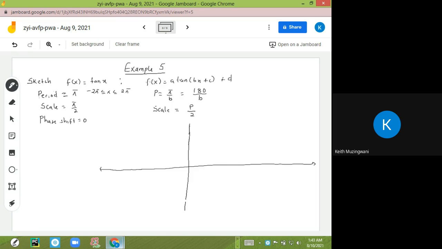So using our scale, starting from 0, we'll go to pi over 2, pi, 3 pi over 2, and then to 2 pi. Negative pi over 2, negative pi, negative 3 pi over 2, negative 2 pi.